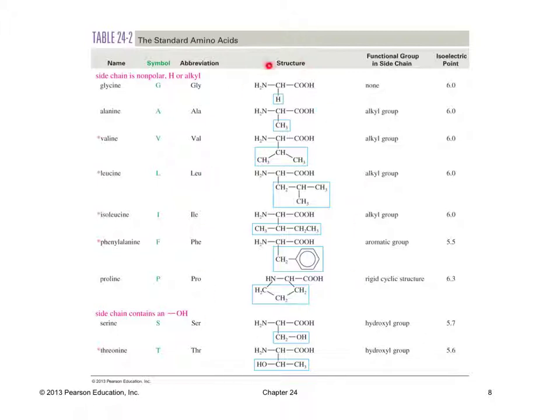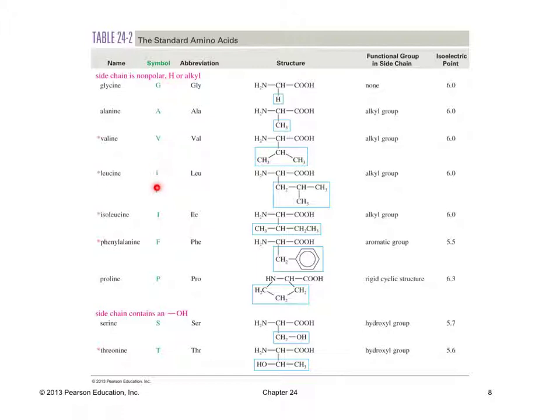Now the structure is not showing the S configuration. However, you now know how to represent it in S, either in Fischer projections or as regular hashed and wedged bonds.